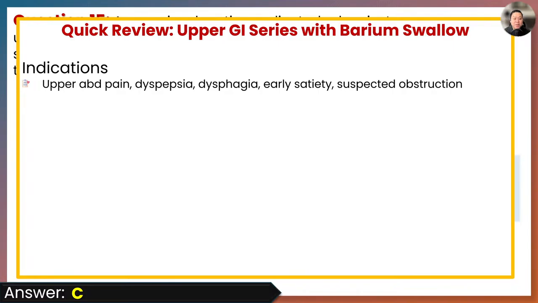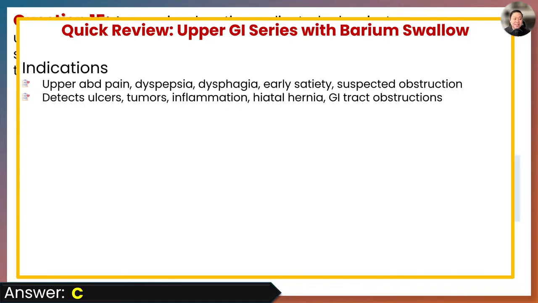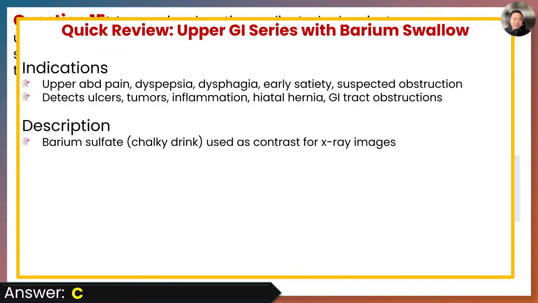And so the test here, basically, is a contrast enhanced x-ray that can allow the gastroenterologist to see the esophagus, the stomach, and the duodenum. This is also going to detect any ulcers, any tumors, inflammation, hiatal hernia, or any obstructions in the GI tract. The testing involves a series of x-ray images using a contrast medium like barium sulfate.